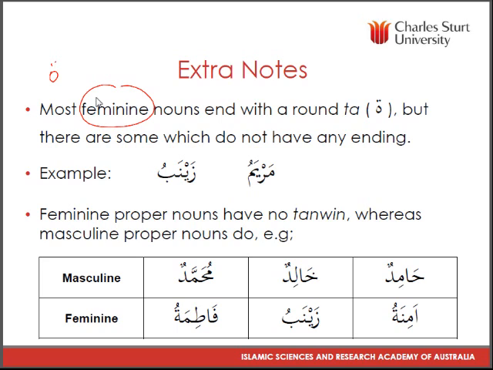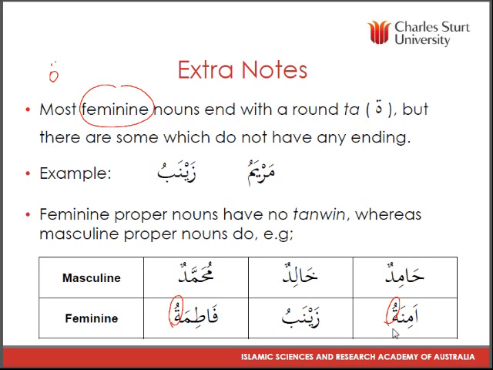Most feminine nouns end with a round te, like Fatimetu, it is a feminine noun and there is te. Aminetu, there is te. It is a feminine noun. Fatima, Amine, they are proper nouns for feminine. Generally there is te at the end.